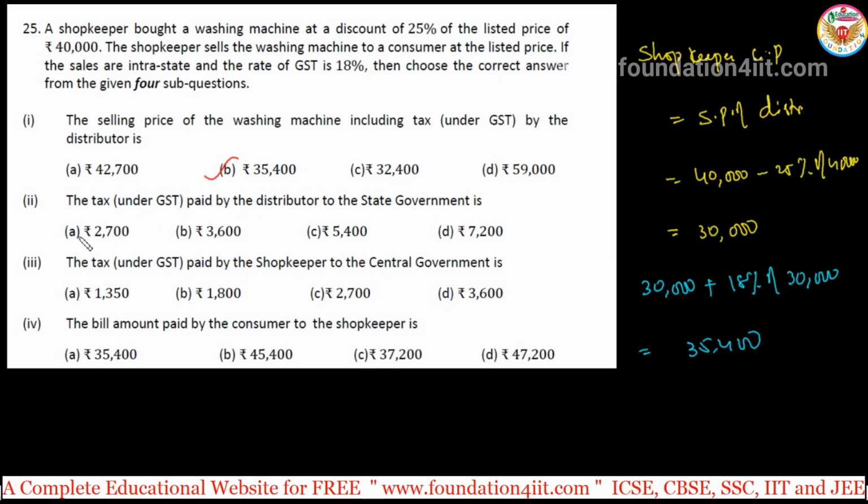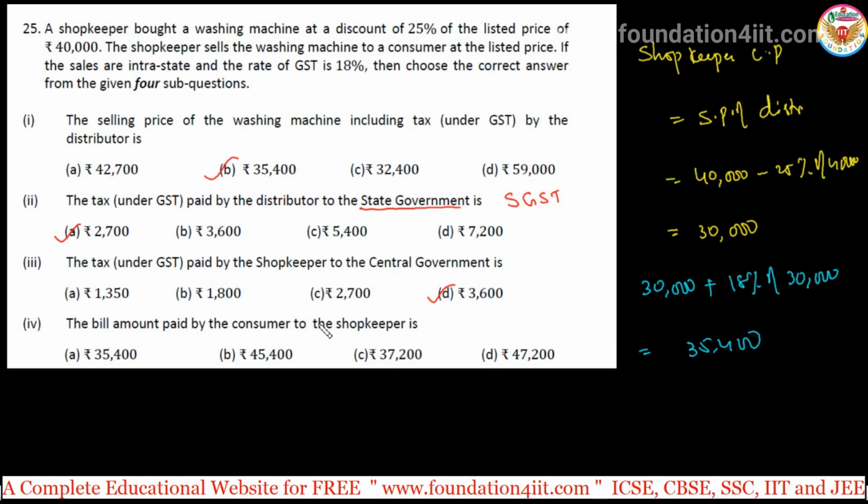You're supposed to get 2,700, because they asked only under GST for the state government. That means only SGST, not the total. And for the shopkeeper, the selling price is 40,000, and on that 9% is 3,600. Option D.